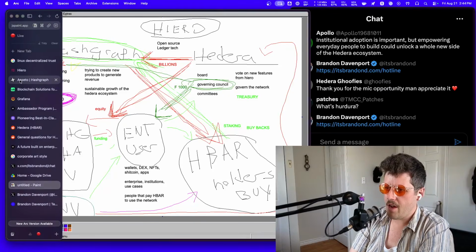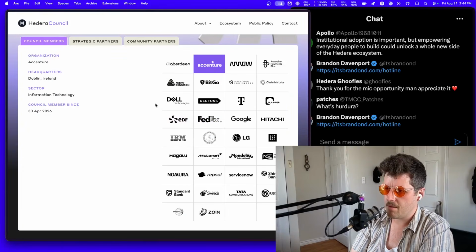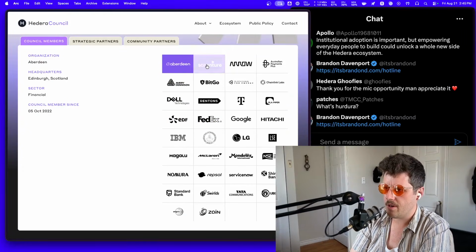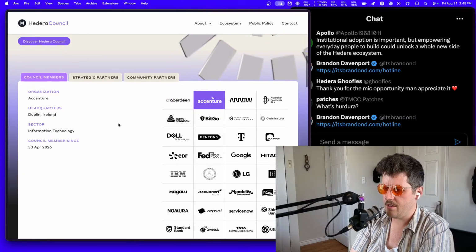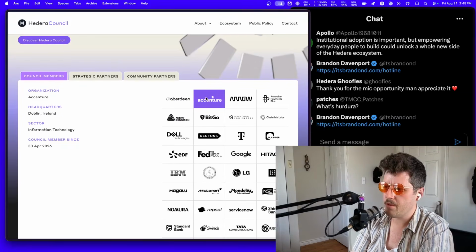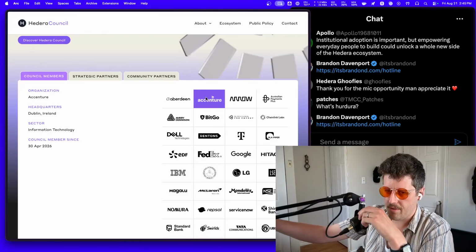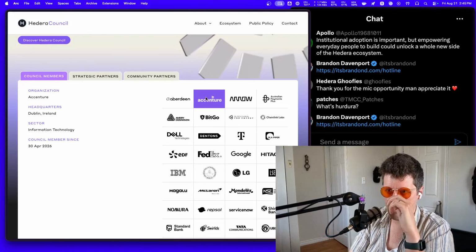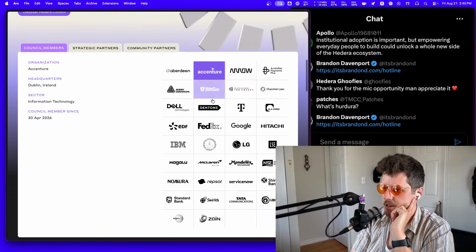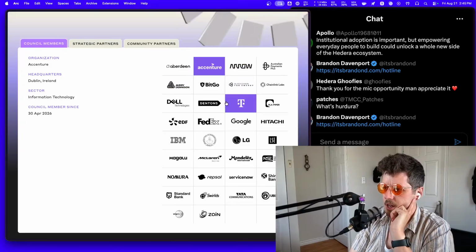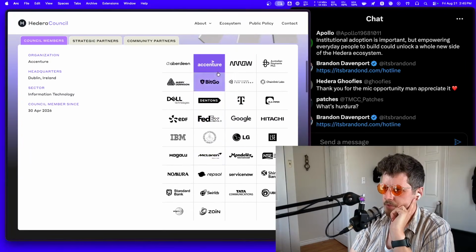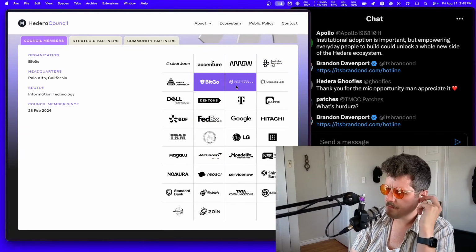Now, like I said, we've got two different classifications, if you will, of governing council members. I would say anyone who joined in 2026 is juiced up. These are people that would not be allowed to join the network if they didn't have use cases on the way, right? As we've talked about. Accenture is one of those. BitGo is building stuff on the network, right?